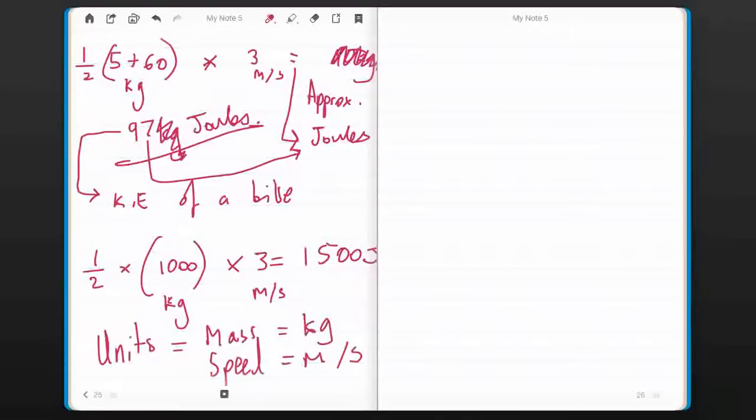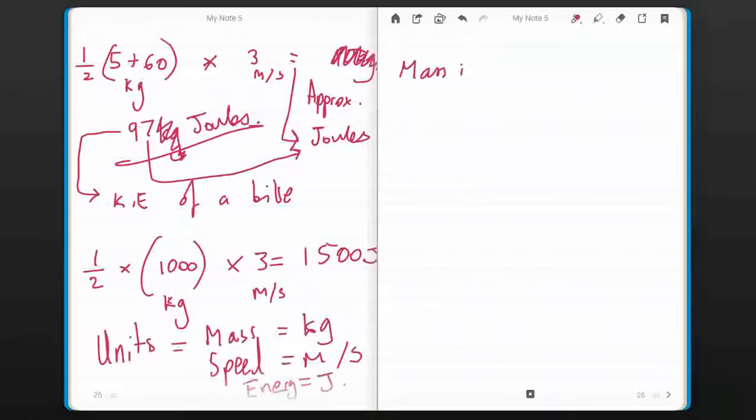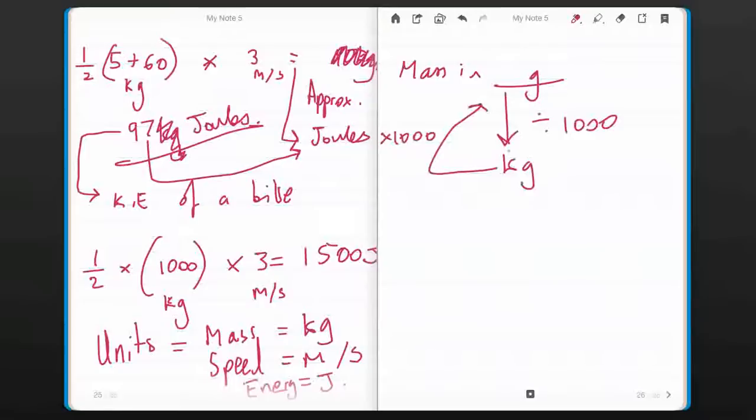So if in the exam you are given mass in grams, to get that to kilos you divide by 1,000, because a kilo is telling you that there are 1,000 things. So 1 kilo equals 1,000 grams. If we wanted to go back from there to there, we'd have to times by 1,000. Because 1 kilo is equal to 1,000 grams, and a gram is equal to 0.001 of a kilo.